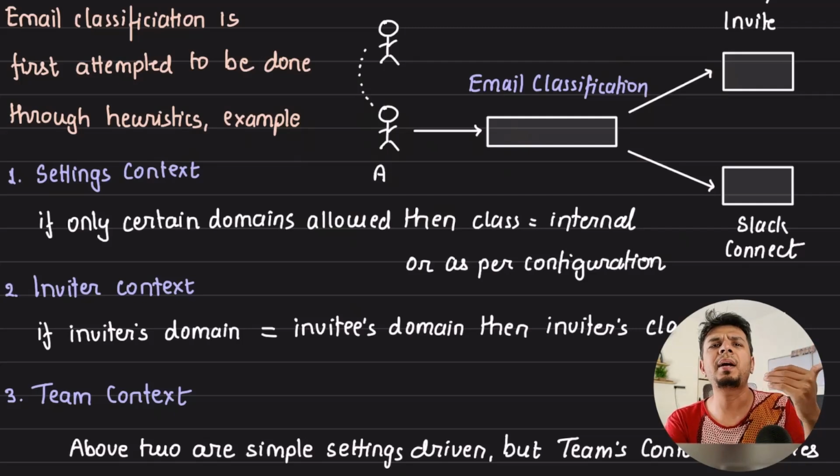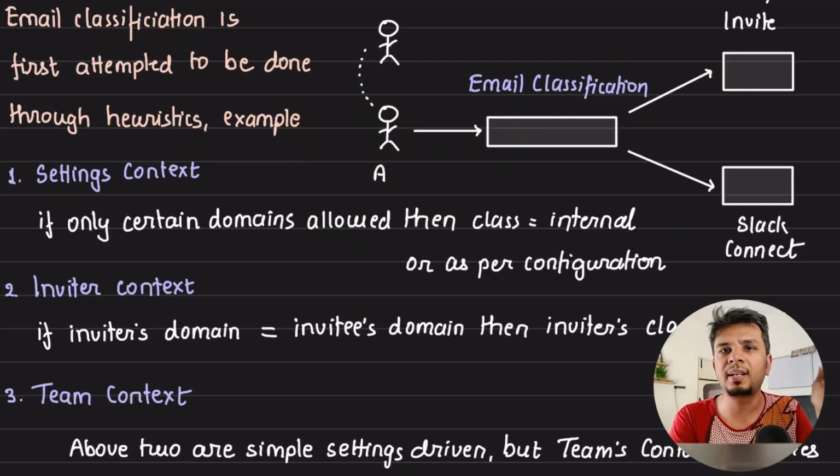Or they might have just shut down external invites, right? It's very much possible. So if you have configuration, that would help you do a short circuit evaluation of whether it is an internal or an external one. You go about that, right?